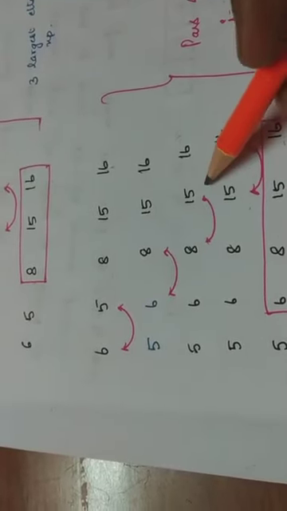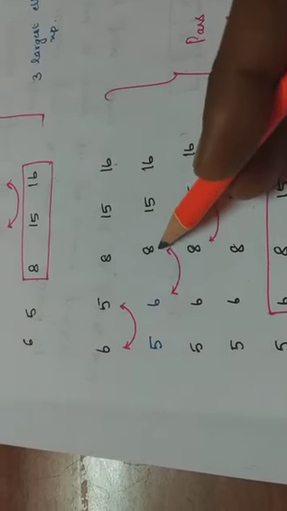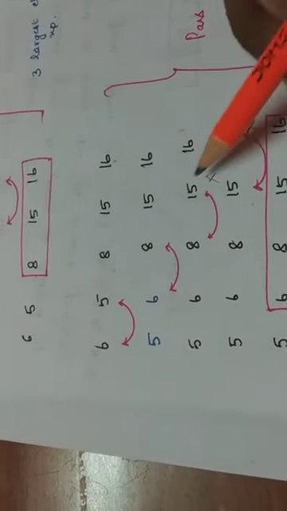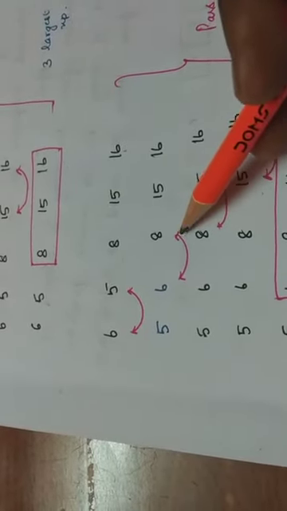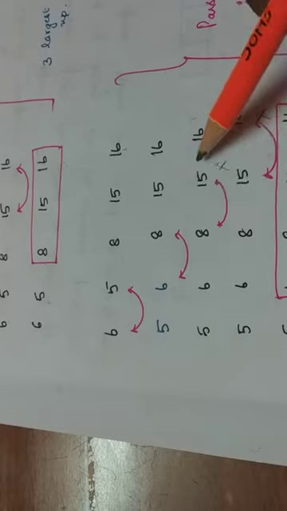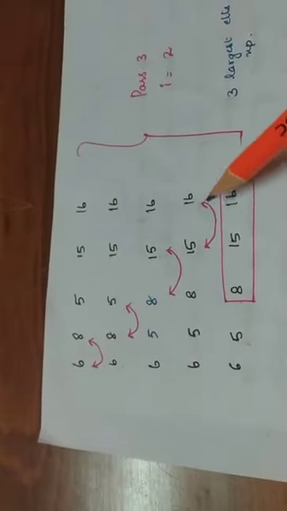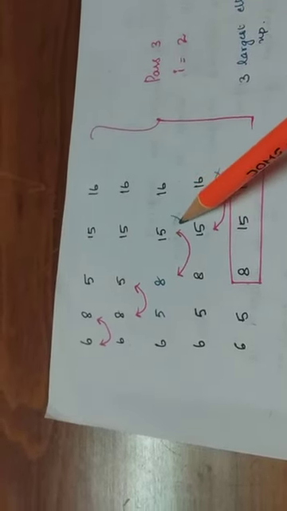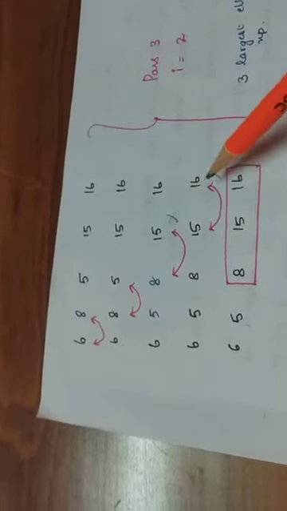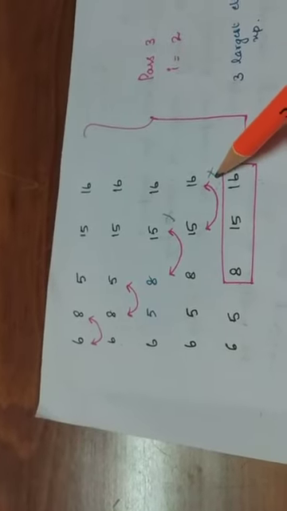Similarly, we don't require this comparison as it has already been sorted. Similarly, we don't require this comparison because we already have the elements in a particular sorted position. Similarly, when we consider pass 3, it is already in a sorted position, so we don't need to compare. Again, we don't need to compare here. So the total number of comparisons that we make here need not be taken into consideration.